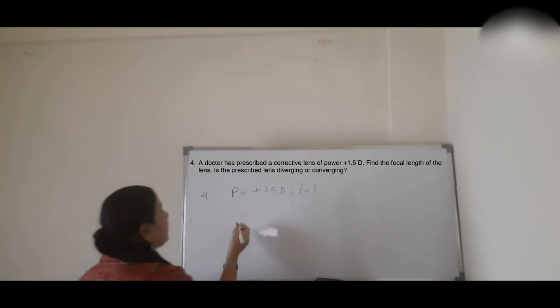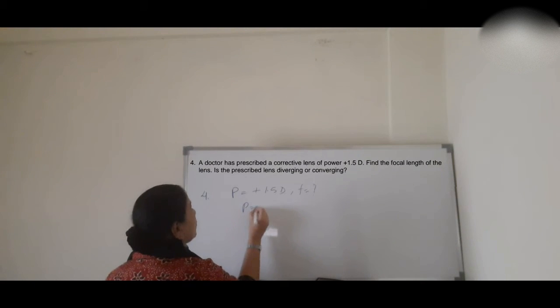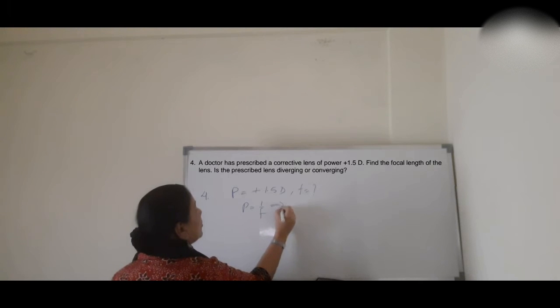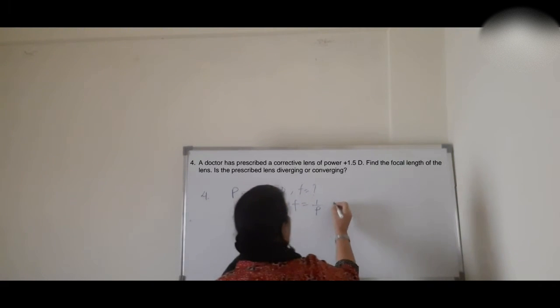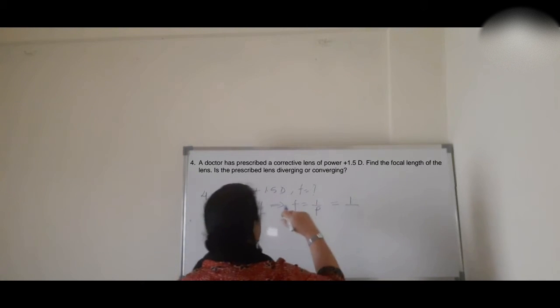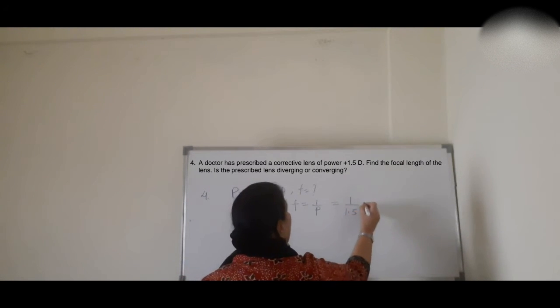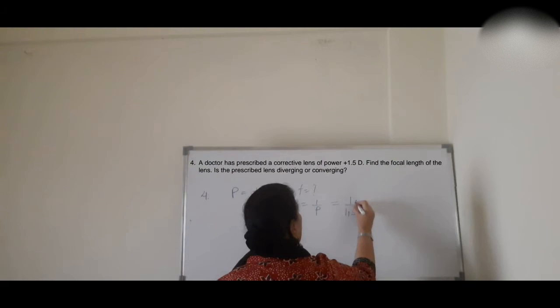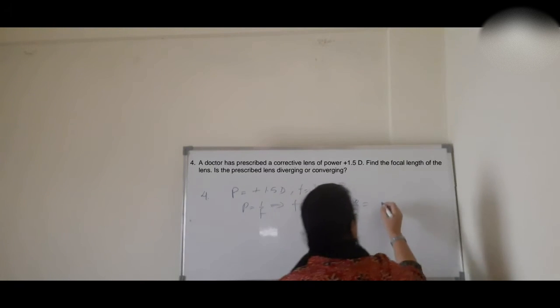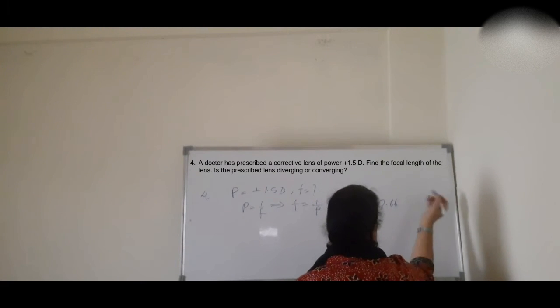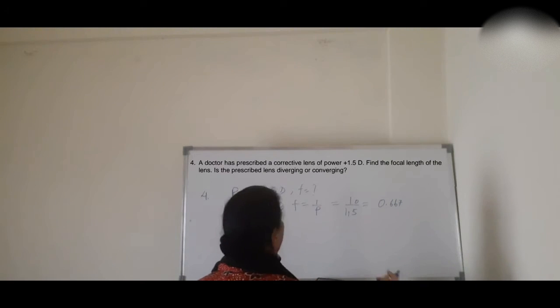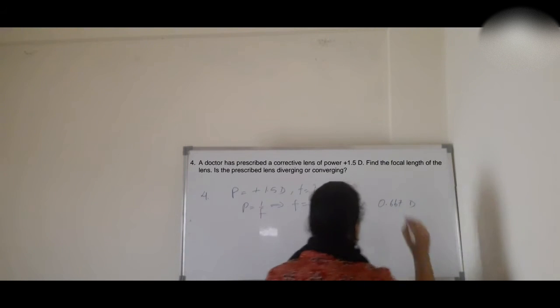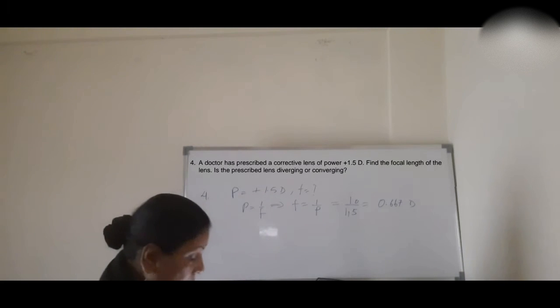Same thing, P is equal to 1 upon F, therefore F is equal to 1 upon P. 1 upon P is 1 upon 1.5, so 0.666 bar, or 0.667, or 0.67.